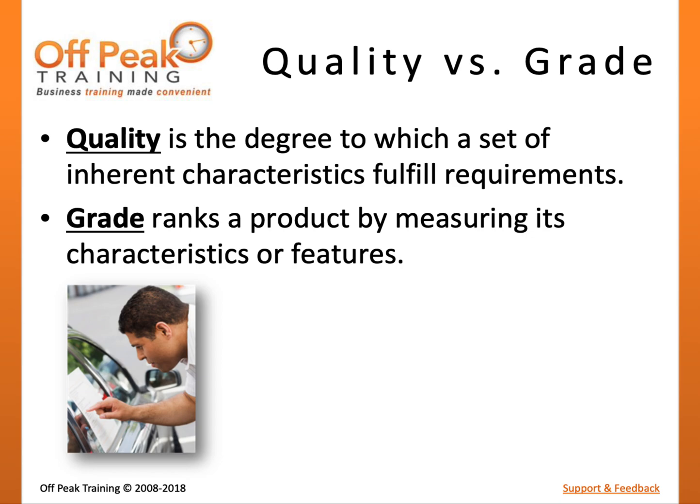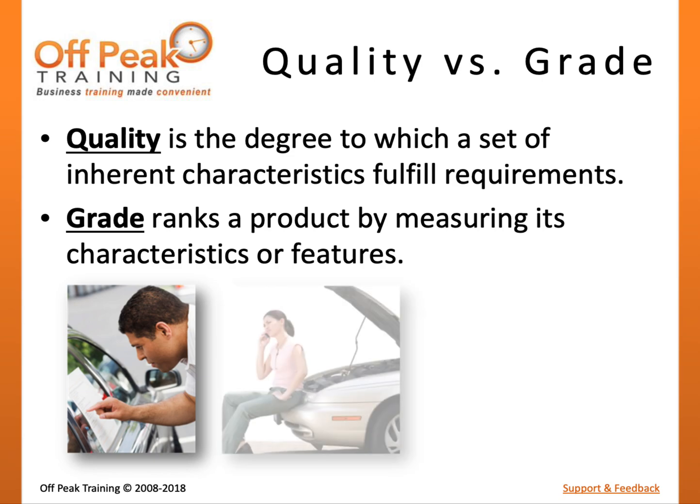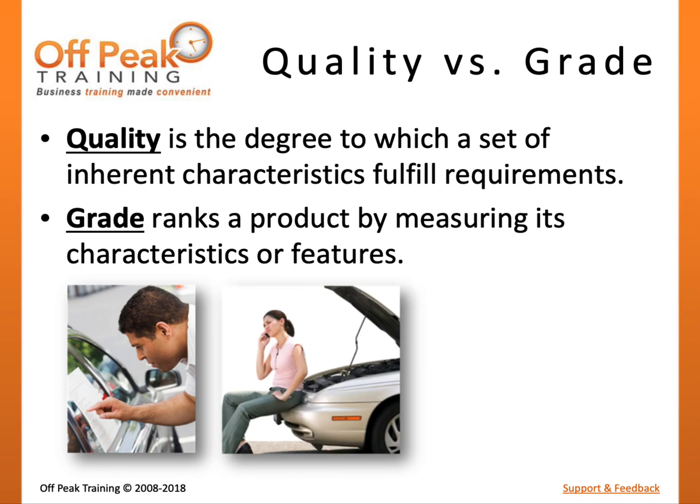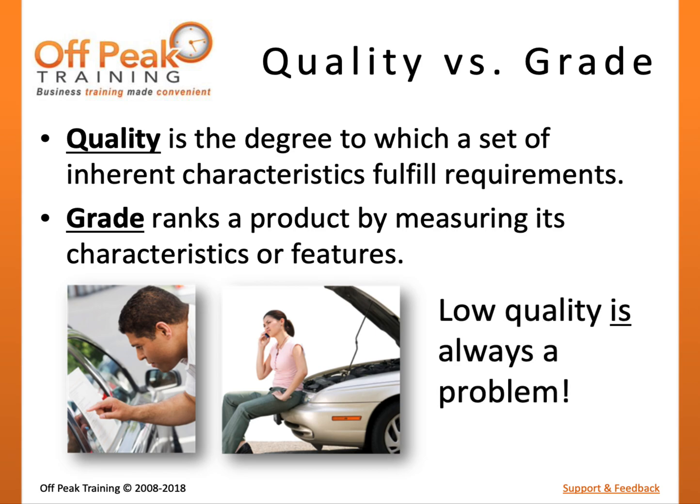However, this would not be a measure of quality. To measure quality, we would want to inspect that the car meets its requirements and does not have unacceptable defects. There are two takeaways. One, a product can be of low grade but high quality. Two, low grade is not always a problem. Low quality is always a problem.